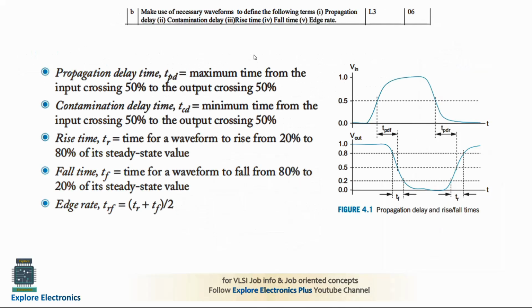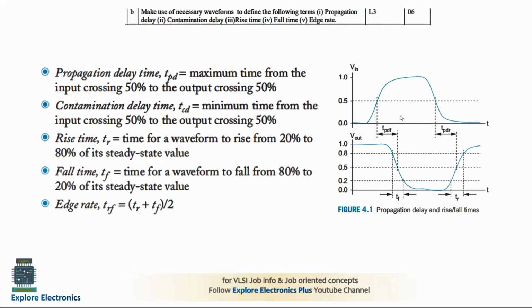And then the next question is make use of the necessary waveforms to define the following terms: propagation delay, contamination delay, rise time, fall time, and edge rate. Propagation delay is the maximum time from the input crossing 50% to the output crossing 50%. You can see here this is the input signal, this is the output signal. As we know in the CMOS circuits, when input rises, output will be falling down.